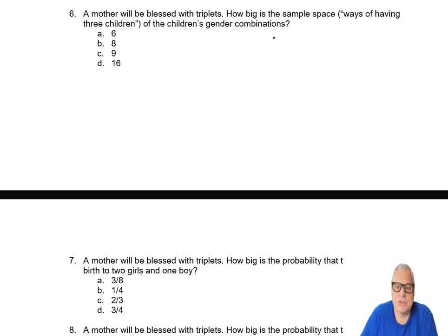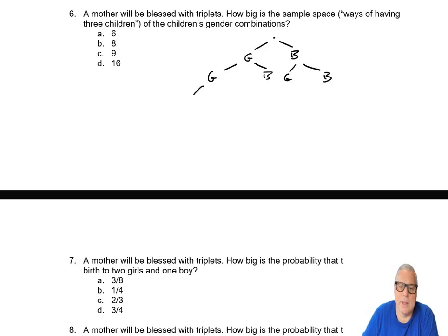the first could be a girl or a boy, and then the second could be a girl or a boy, and the third could be a girl or a boy.